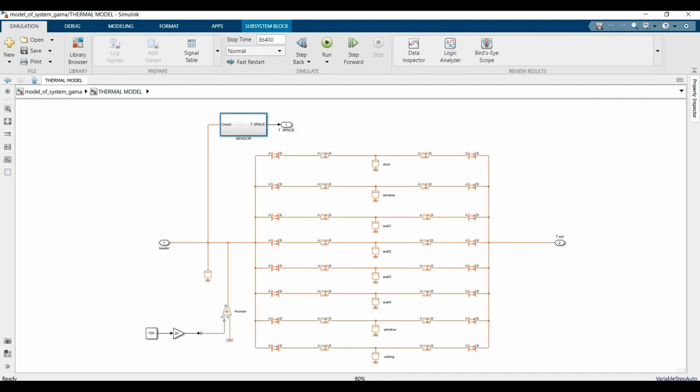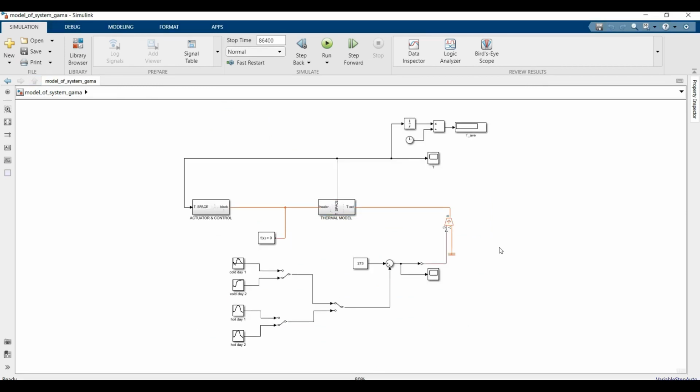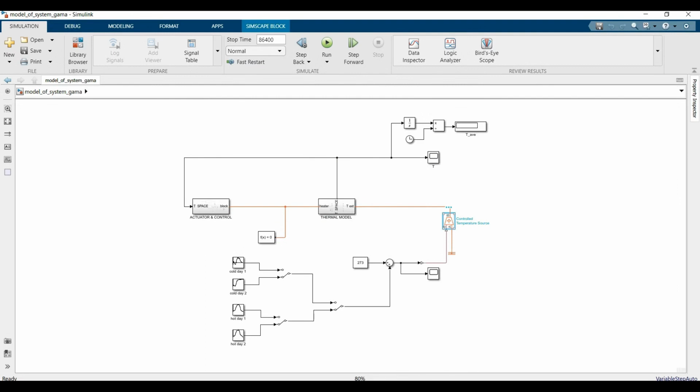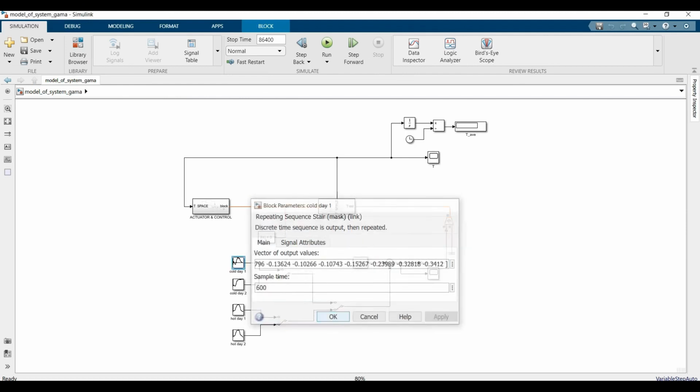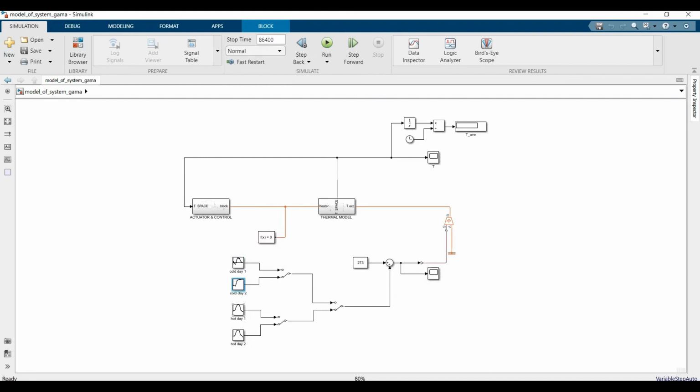Now I want to talk about the external temperature. For producing the external temperature we use a controlled temperature source, and for producing it we use the signal. We determine the temperature like that.